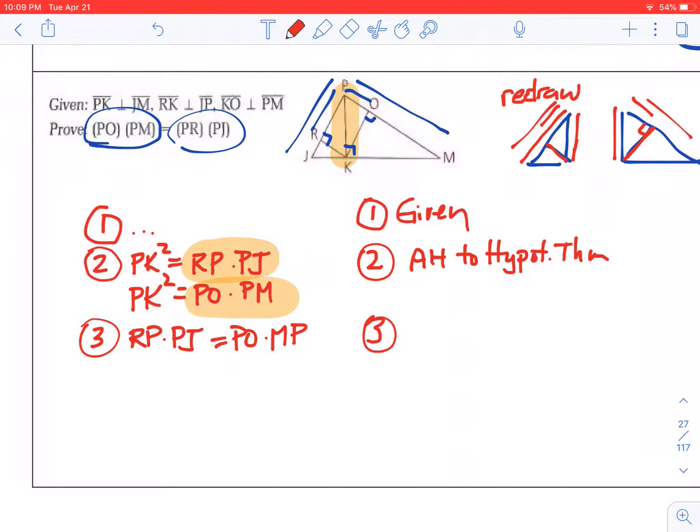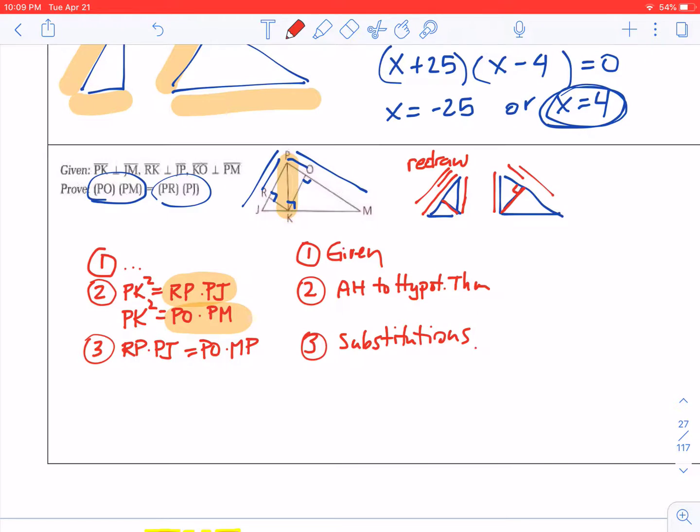And again, this is by substitution. So a nice little short proof. Tricky to figure out how to do it, but once you see the connection of this PK squared, it works out quite nice.